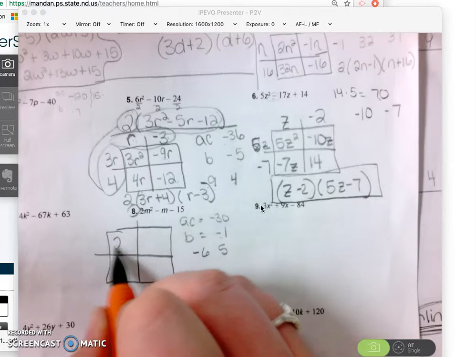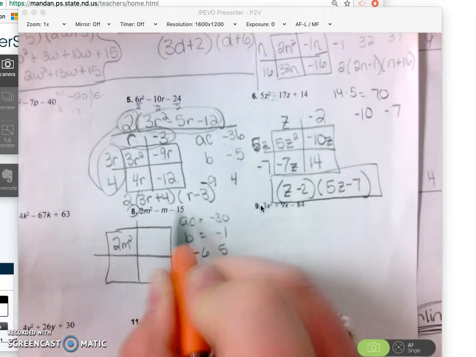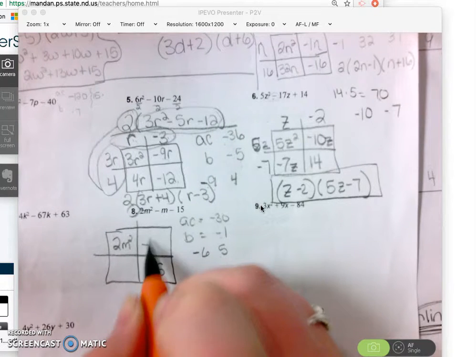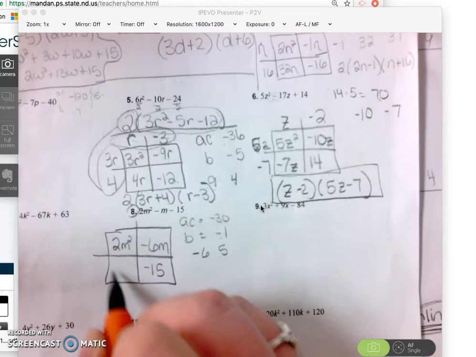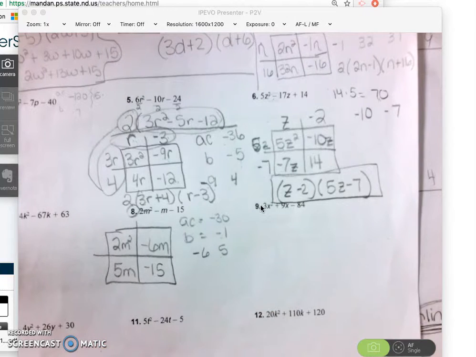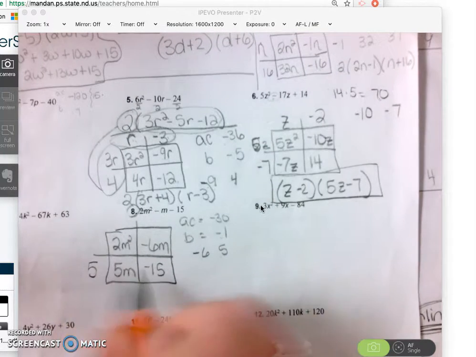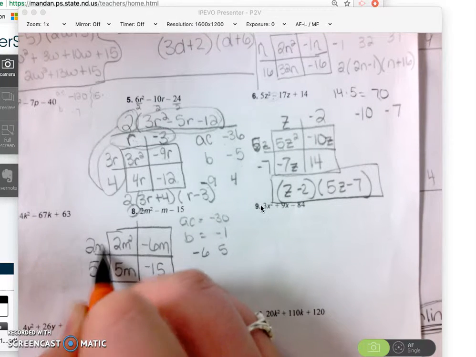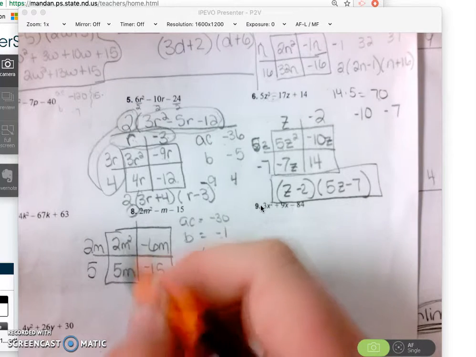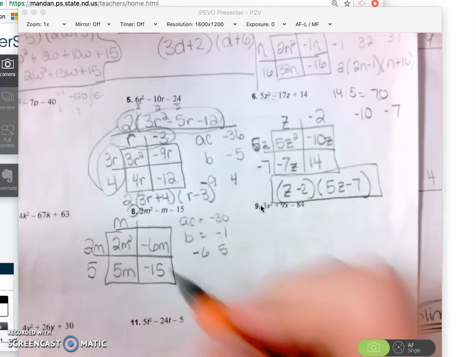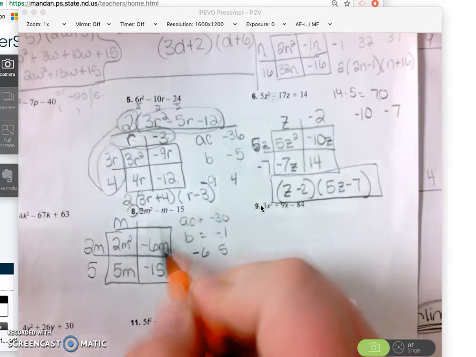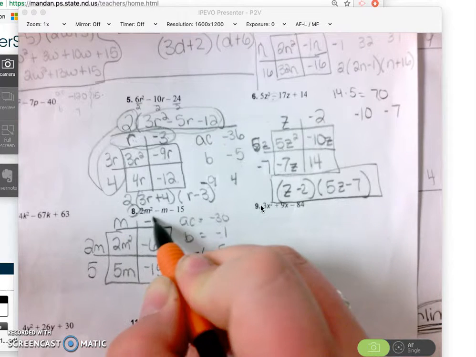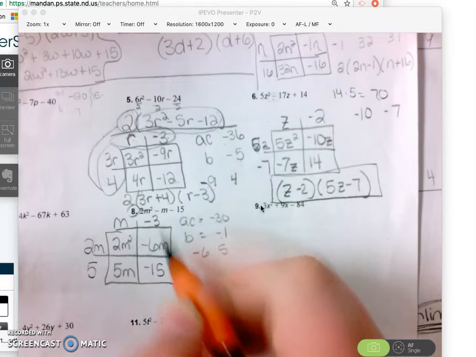So my 2m squared goes here. My negative 15 goes here. Negative 6m, positive 5m. Okay, what do these two have in common? 5. What do these two have in common? 2m. These two have in common just an m. These two have in common a negative 3.